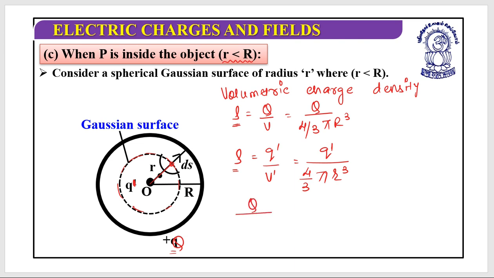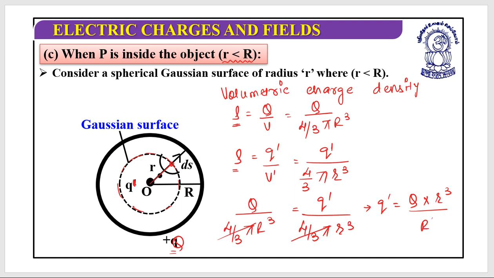So Q by 4 by 3 pi R cubed should be equal to Q dash divided by 4 by 3 pi r cubed. This 4 by 3 pi would be the constant, and Q dash should be Q multiplied by r cubed divided by capital R cubed. This is the charge enclosed.